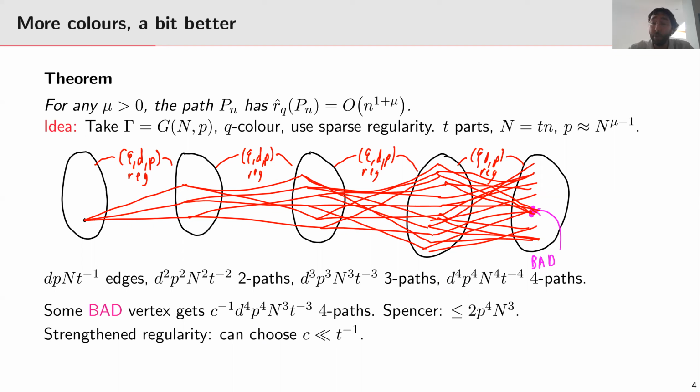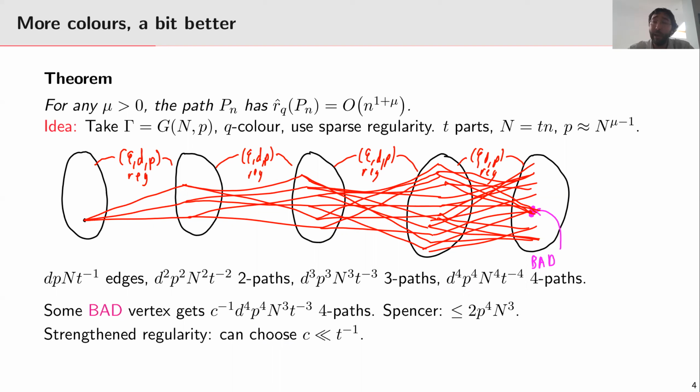So we can choose a path as follows. We start with this vertex that was given to us. Then we choose the next vertex, which isn't in too many paths going to the bad set. Then we choose a next vertex, which isn't in too many paths going to the bad set, and so on. And eventually we choose a vertex which is not bad. Okay, so this is an alternative way of doing a vertex by vertex embedding.